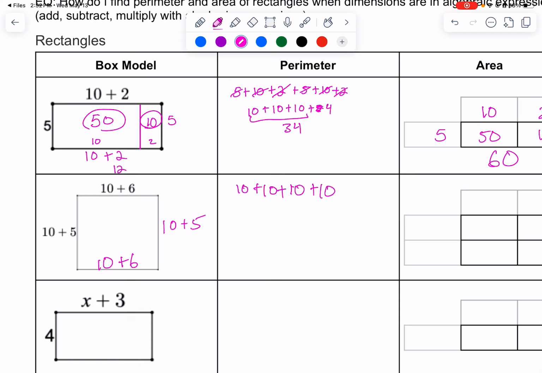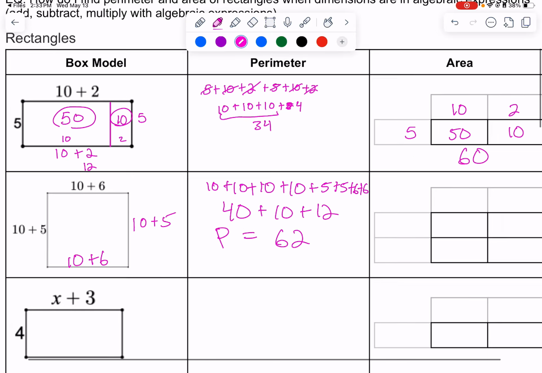And then I got 2 5s and 2 6s. So that gives me 40 for the 10s, 10 for the 5s, 12 for the 6s. I got 50 and 12, or 62. So my perimeter is going to be 62. Again, calculators are invited to add just a bunch of numbers together.